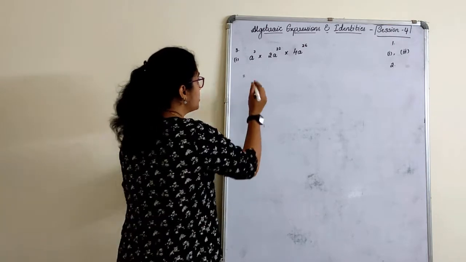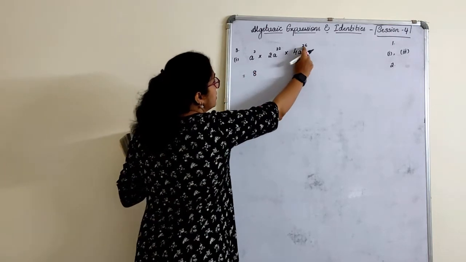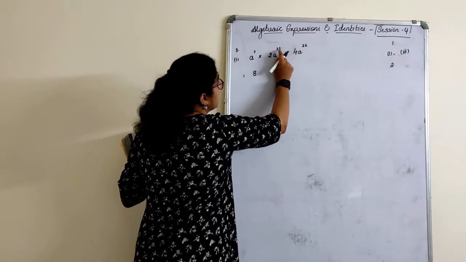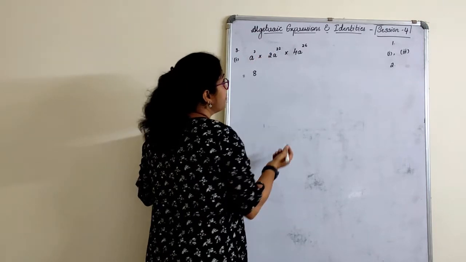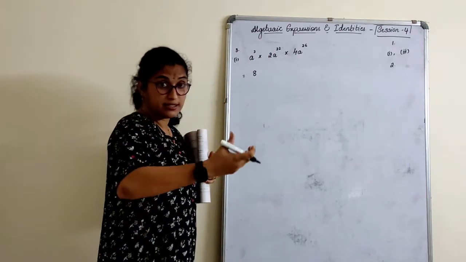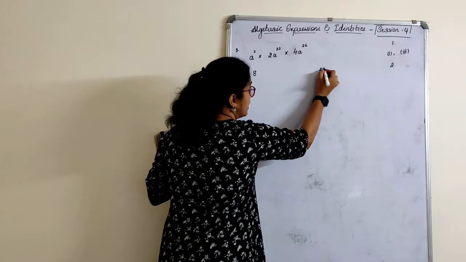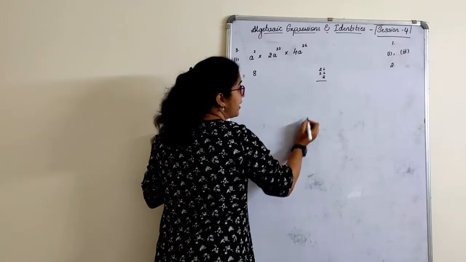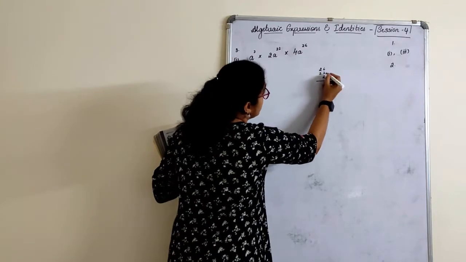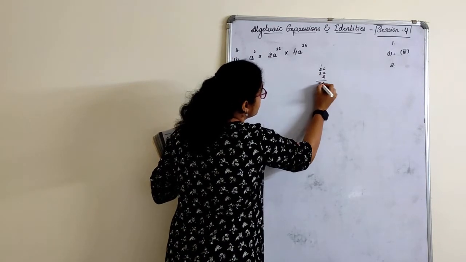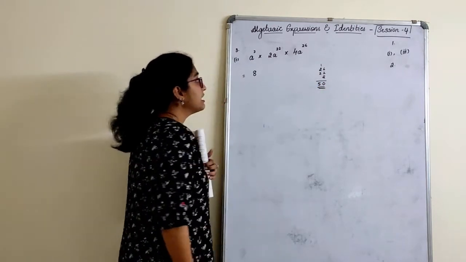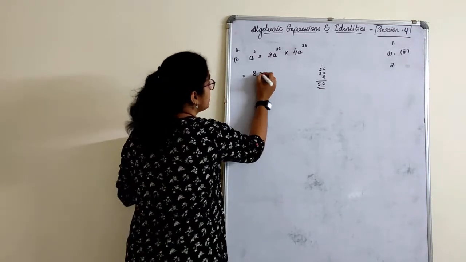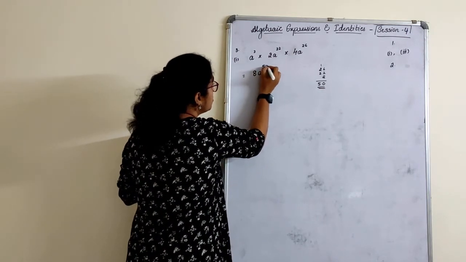It is 4 twos are 8. Then a raised to 26, 22 and 2. We are actually saying a is 26 times, a is 22 times and a is 2 times. Finally 26 plus 22 plus 2. So a is how many times actually? a is 50 times. So a raised to 50.